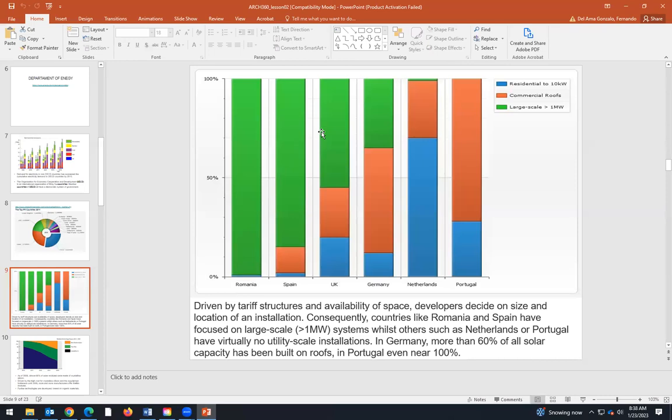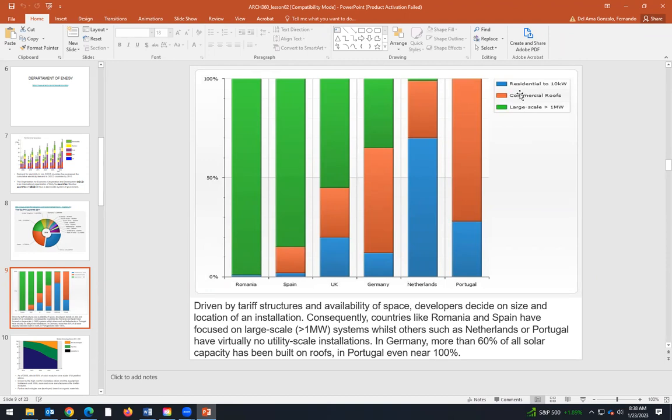Some countries are doing this at a large scale, but other countries are making the most of the roofs, with residential. They are placing PV panels on roofs, which can be either commercial buildings or residential buildings. So these two countries don't have large scale installations. Those countries don't have PV panels on roofs.